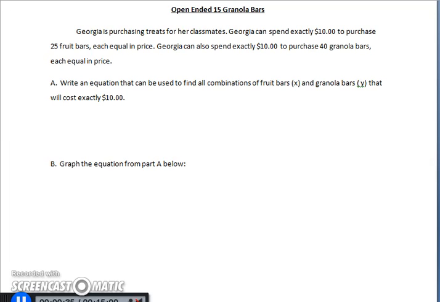Write an equation that can be used to find all combinations of fruit bars X and granola bars Y that will cost exactly $10. So, she can buy 25 fruit bars or 40 granola bars.